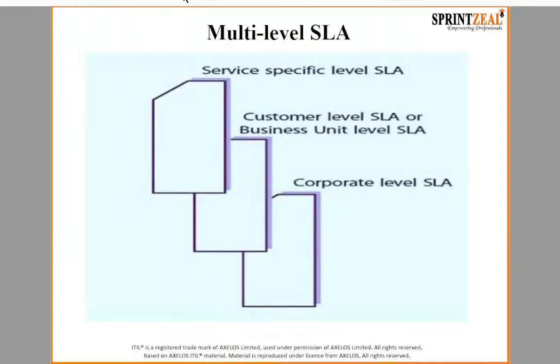Yes, the second one, I'm sorry. So the multi-level SLA has a service-specific SLA, customer-level SLA, and then the corporate SLA. And so each SLA is broken out, exactly what you were just saying, and has metrics and targets for each.